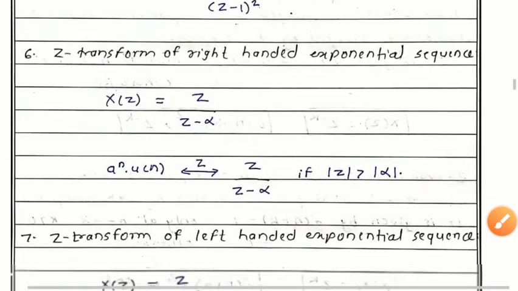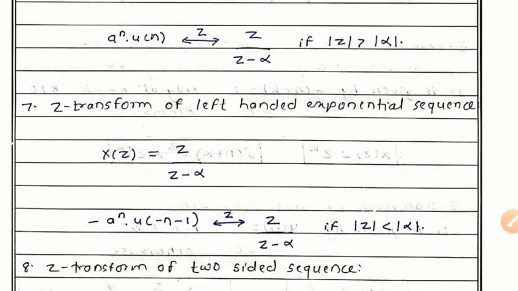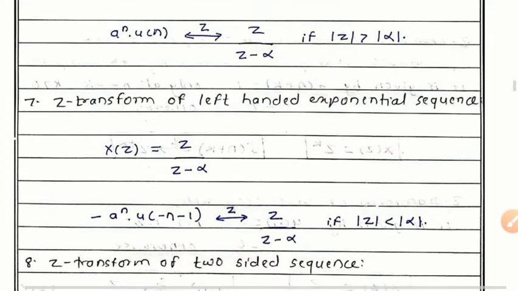The next, which will be our last one, is the Z transform of the left-handed exponential sequence. It is given by x of z equal to z upon z minus alpha, the same as the right-handed sequence.